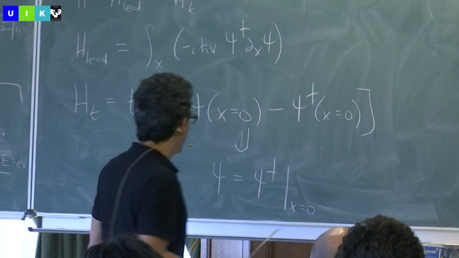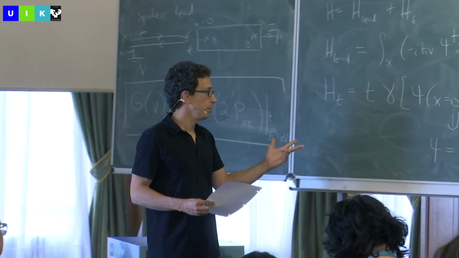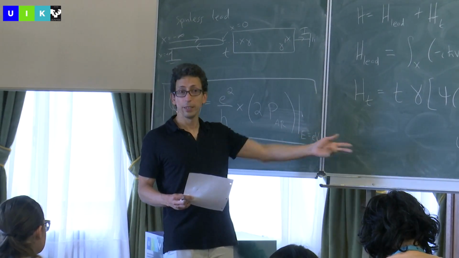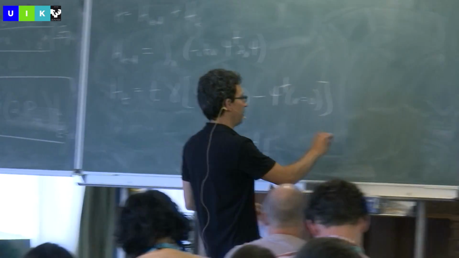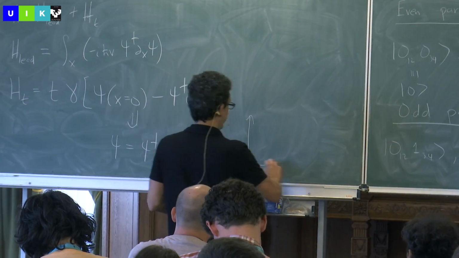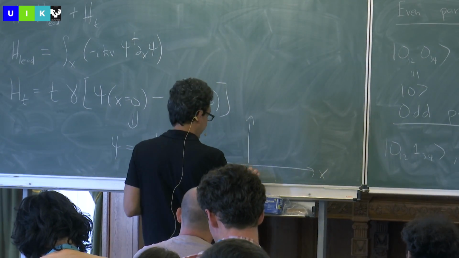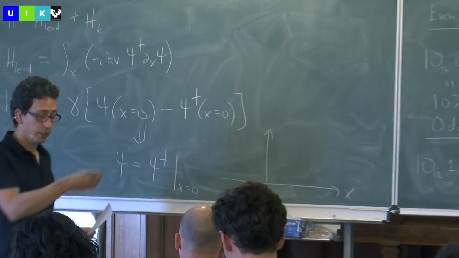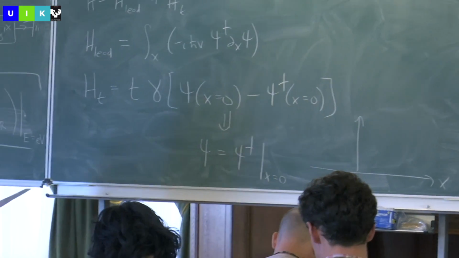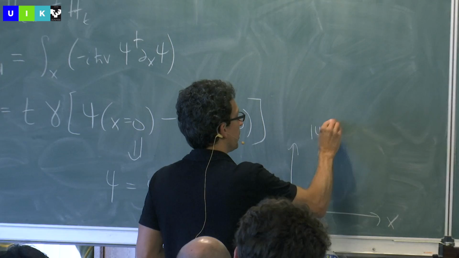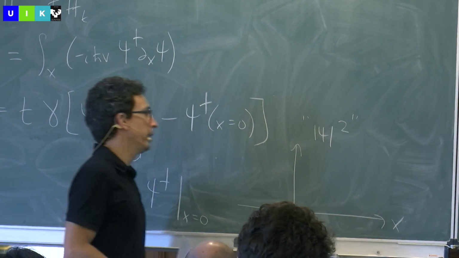So we can guess the form of an incoming electron wave function that has that property. Let me just sketch what the probability weight would look like, as a function of x. Here's x equals 0. This is where my lead hits the Majorana 0 mode. This is going to be some psi squared kind of metric.